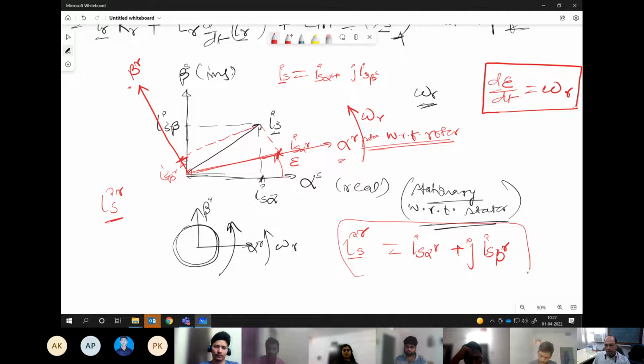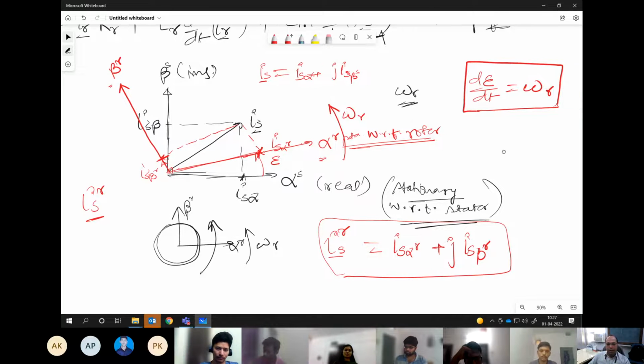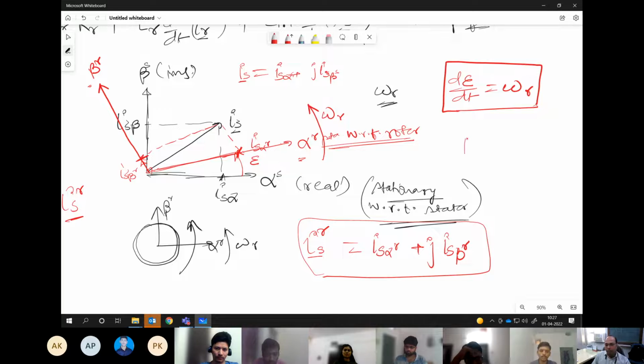Now it is obvious that we cannot say that Is is simply equal to Is referred to the rotor reference frame.